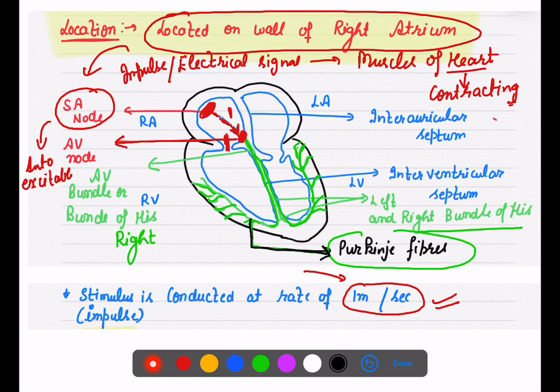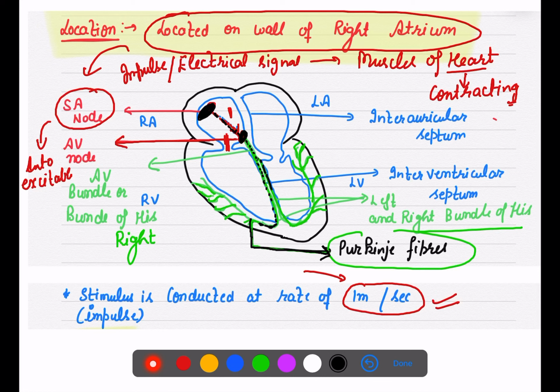So now please listen to me again carefully. Here the impulse is generated, right? What is that area? SA node. This impulse passes on to another group of cells called the AV node, right? Now the AV node collects and transmits impulses to, what is this?